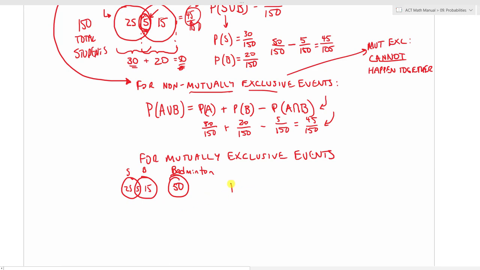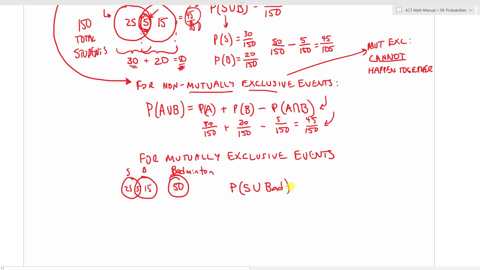Notice there's no overlap between the badminton and either of these soccer or basketball circles. Now let's say the question asks, what is the probability of selecting a student who is on the soccer team or on the badminton team? I'm going to write "bad" just so we don't confuse it with basketball.